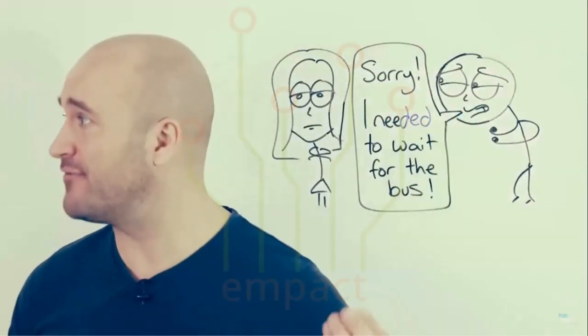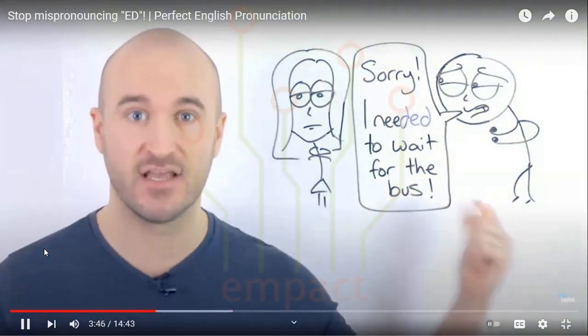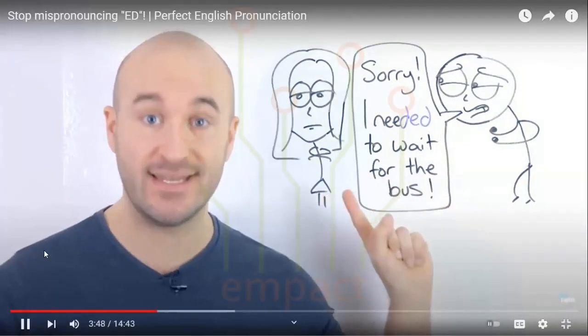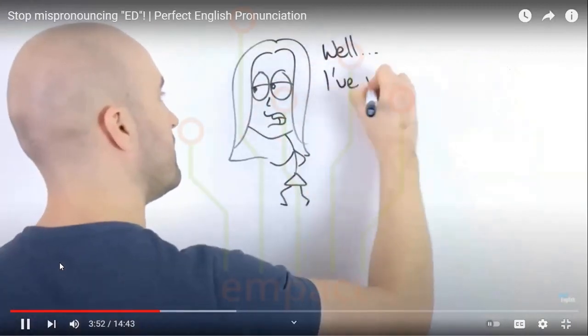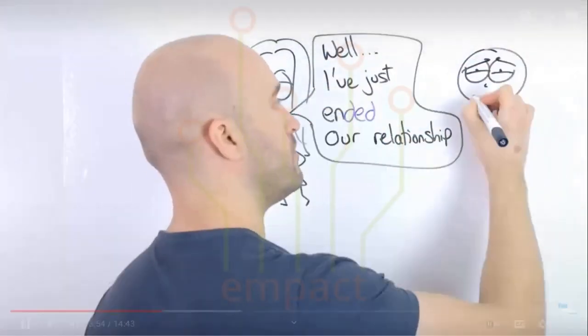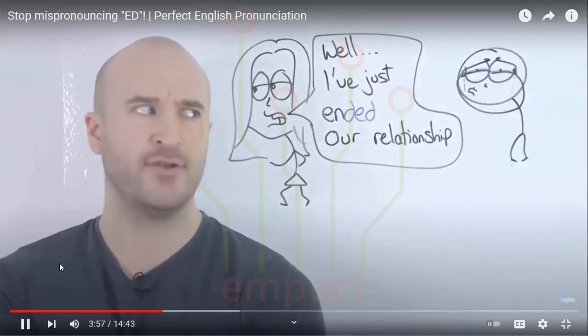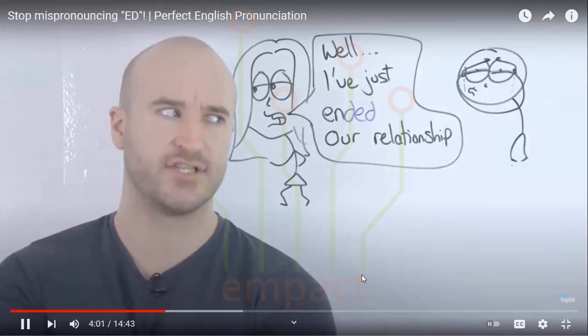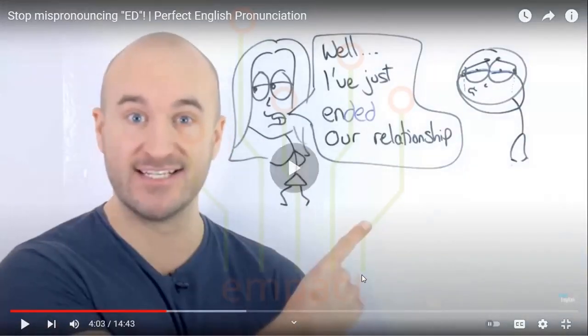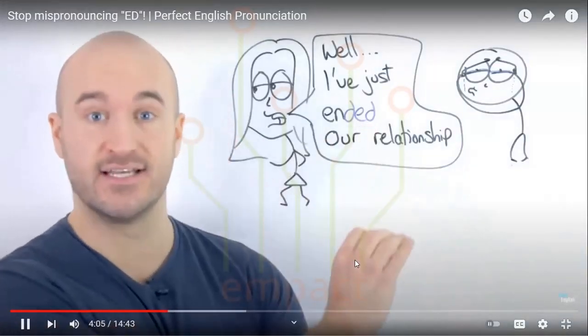I needed to wait for the bus. Needed. D, id. Needed. Yeah, well, now you need a new girlfriend because I've just ended our relationship. Ended. D-id. Ended.